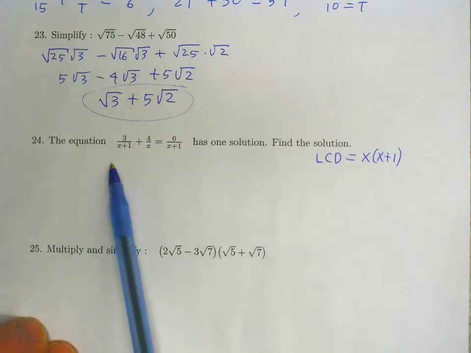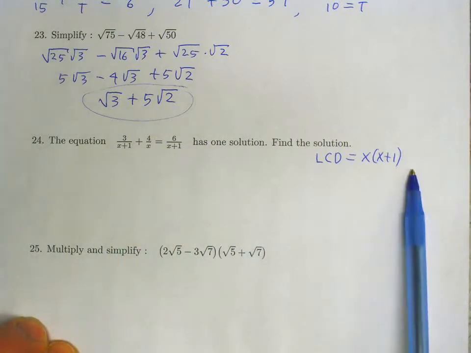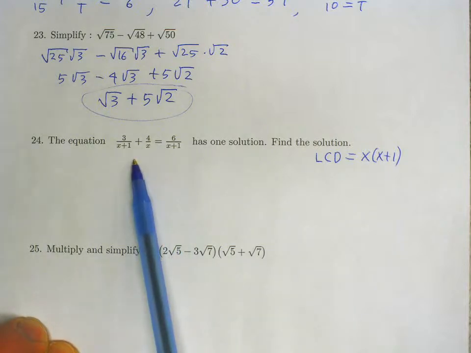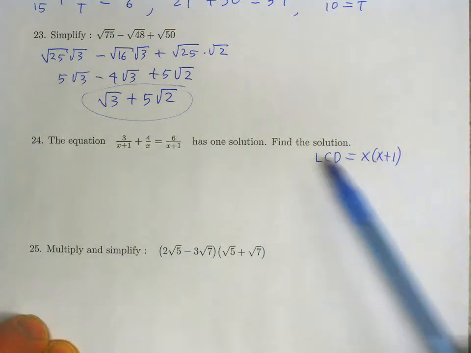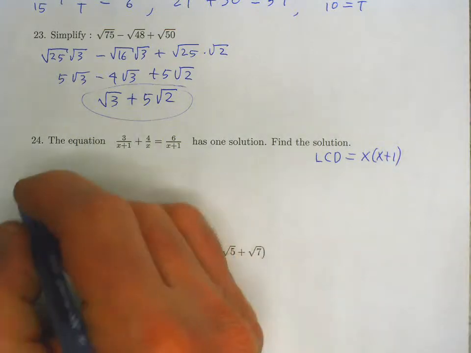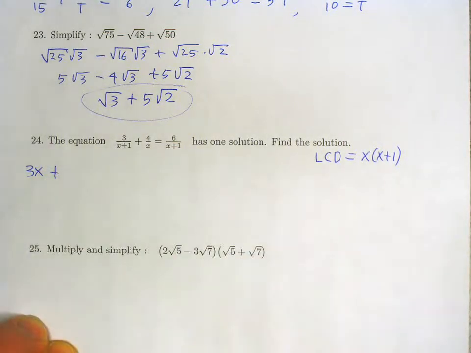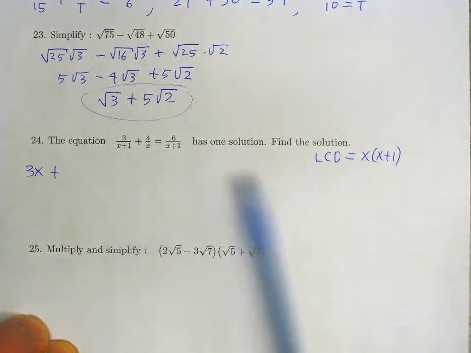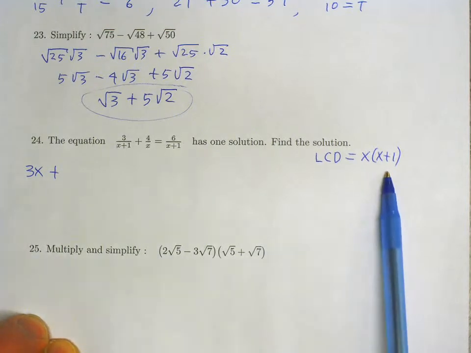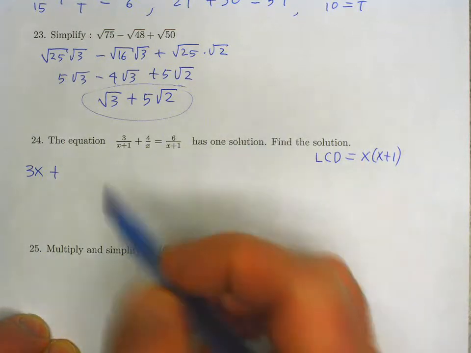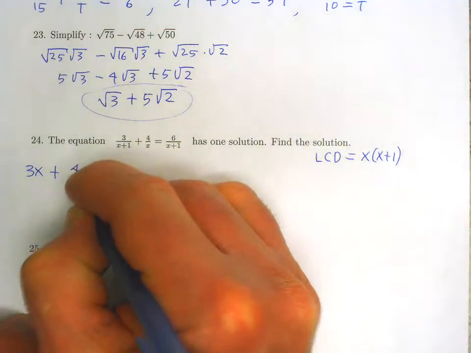Okay, we multiply each term on both sides by the least common denominator. When we multiply it by 3 over x plus 1, the x plus 1 factors cancel, and we're left with 3 times x. And then we multiply 4 over x times x plus 1. This time x cancels with x, and we're left with plus 4 times x plus 1.